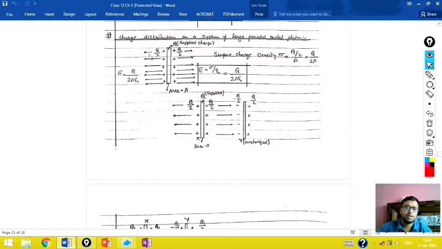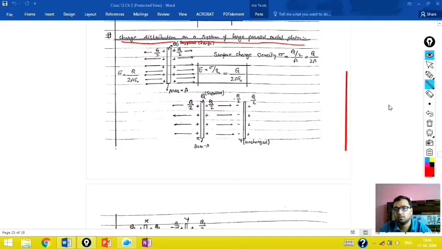Next thing we have to understand is how we can provide charge to a metal plate. This concept will be useful when we study capacitors, but before that, I am telling you here: suppose you are given a particular metallic plate, and you are providing some amount of charge q to this metallic plate, and suppose we have one more metal plate over here.